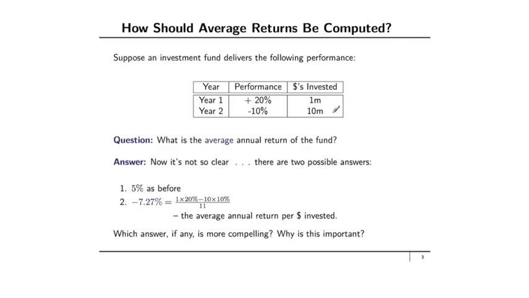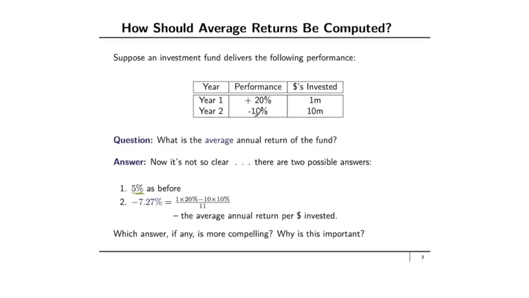Well, it's not clear any longer because there's two possibilities. We could say it's 5% as before, where we just take the average of 20 and minus 10. Or we could choose to compute a dollar-weighted average return. If you look at this, you can see there's $1 million, which received a return of 20%, and there's another $10 million, which received a return of minus 10%.